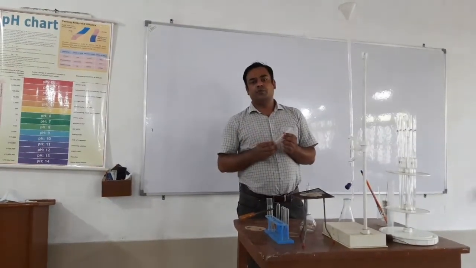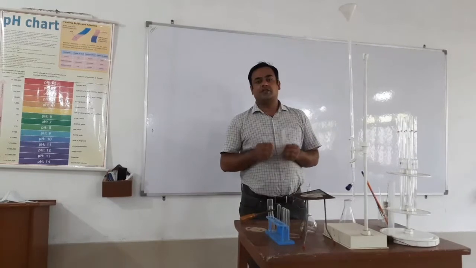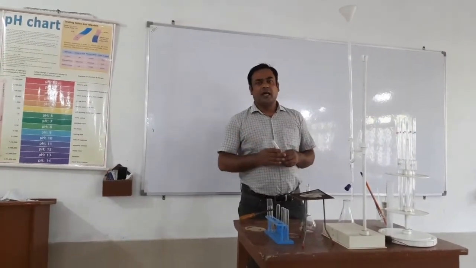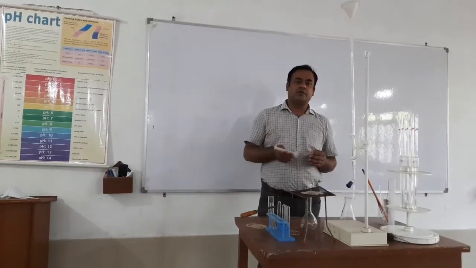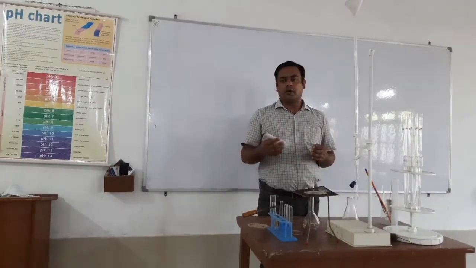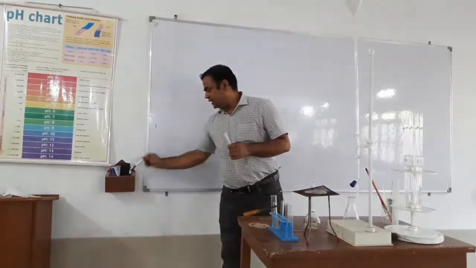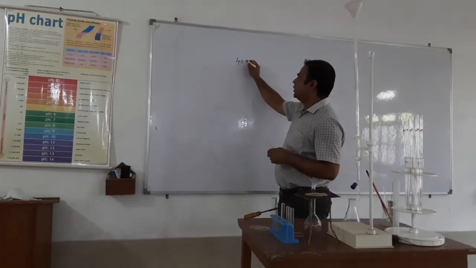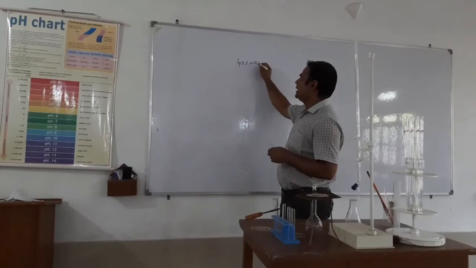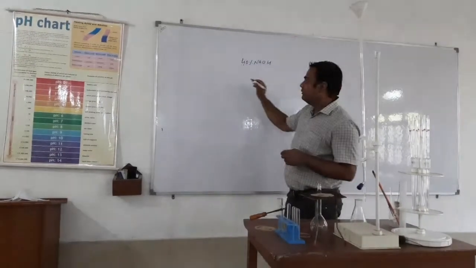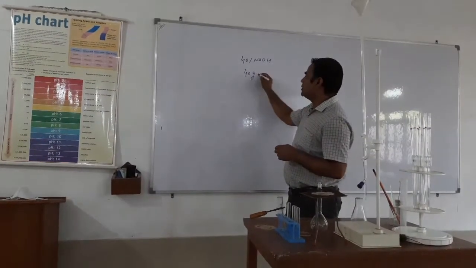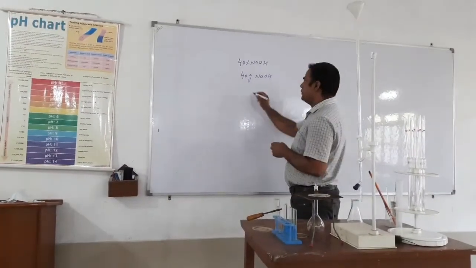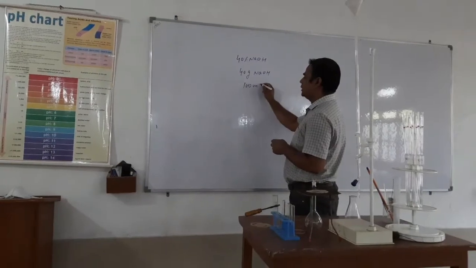Whenever we have to measure a certain volume of water, suppose we are preparing a solution and in preparation of the solution we need a certain volume of water. For example, suppose we are preparing 40% NaOH solution, in that case we will take 40 gram NaOH, and this 40 gram NaOH will dissolve in 100 ml water.